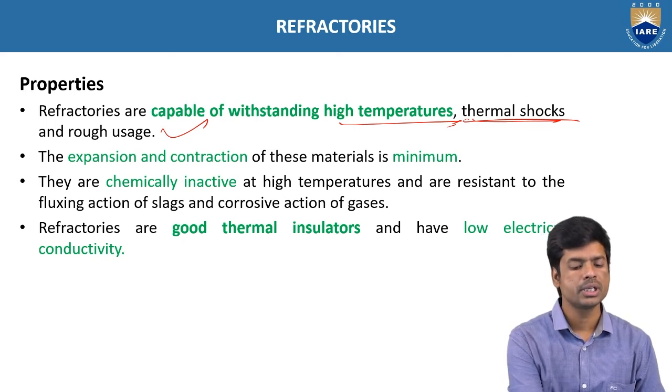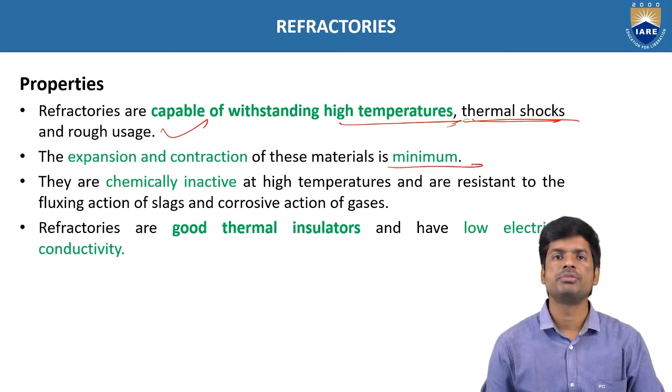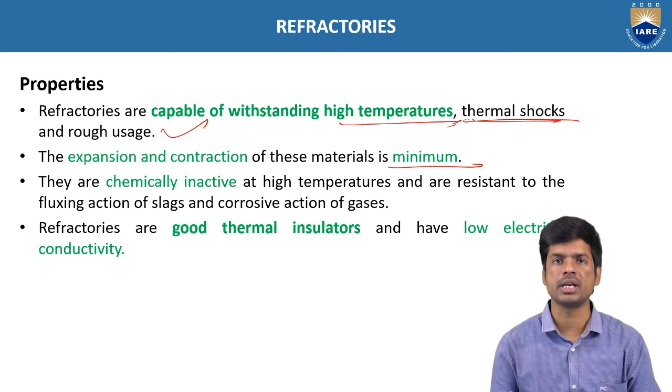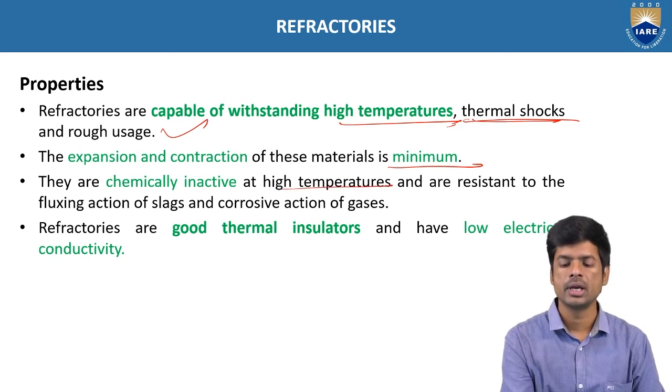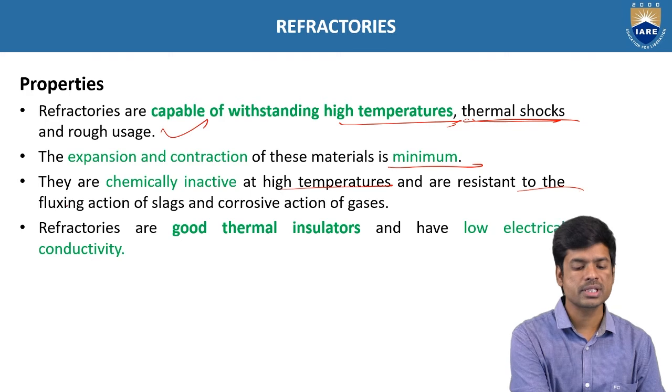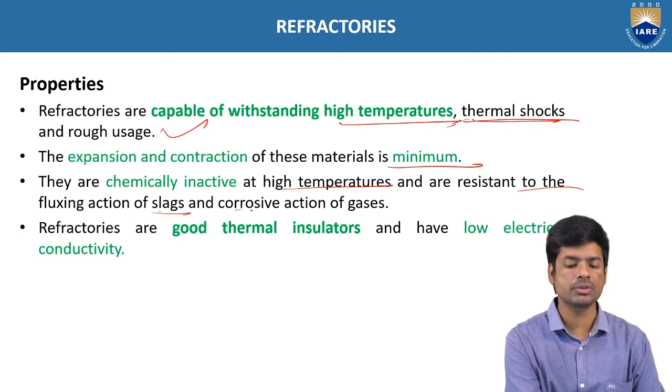Next, the expansion and contraction of these materials is minimum. Even if you apply high temperatures, the expansion and contraction is very low compared to other materials like ceramics. Next, they are chemically inactive at high temperatures and are resistant to the fluxing action of slags and the corrosive action of gases.